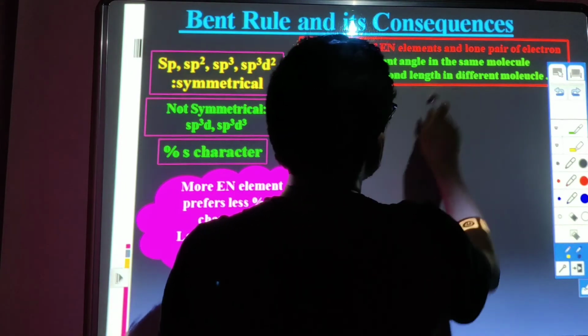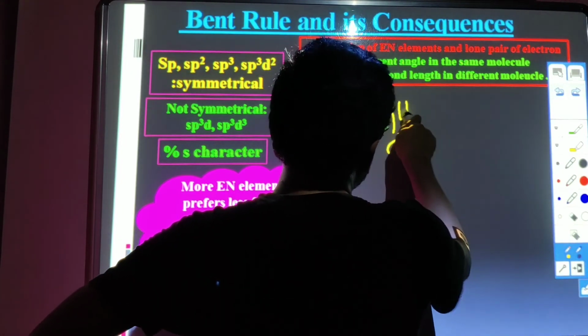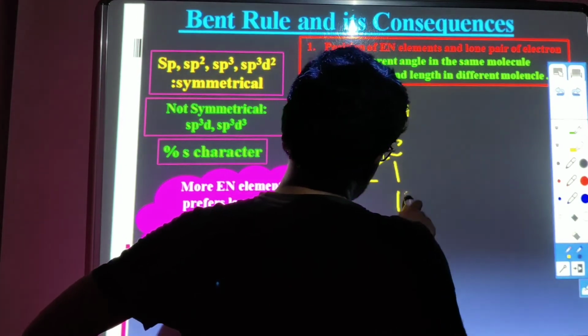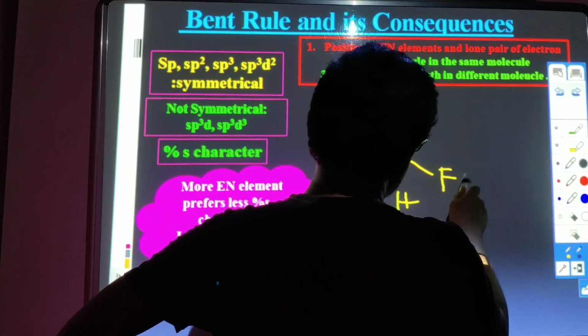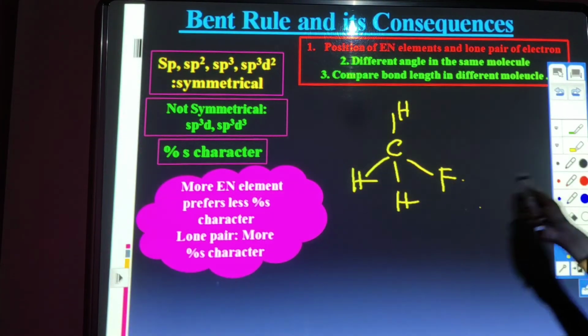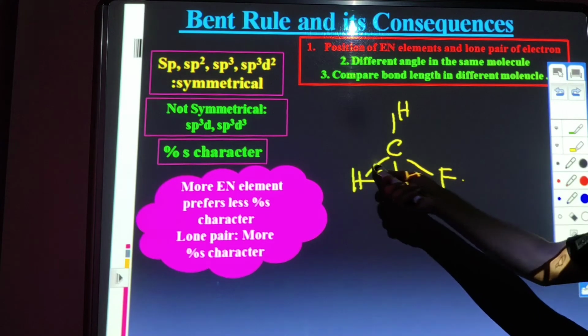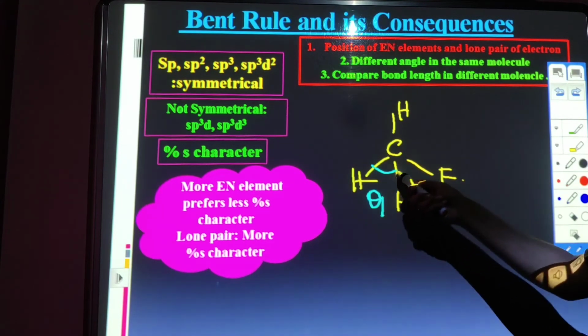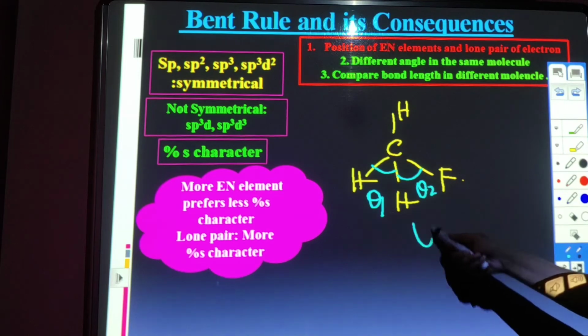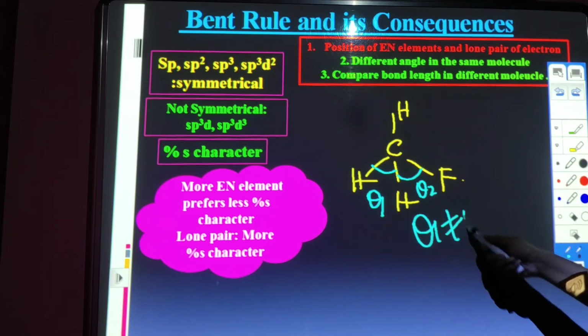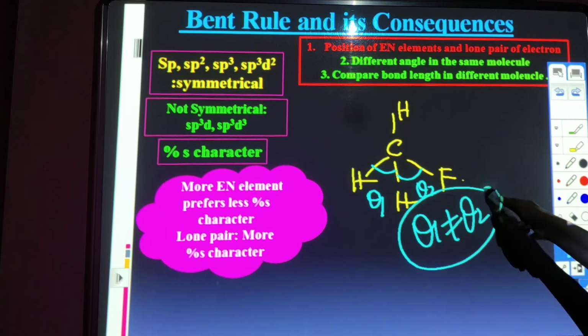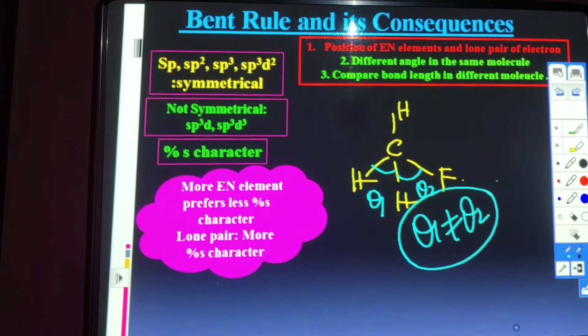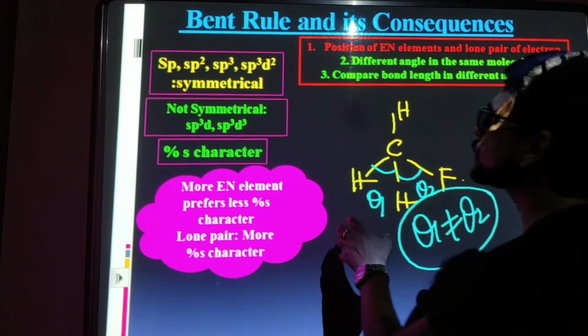A different angle in the same molecule, I am not going to discuss in detail now. Here, this angle and this angle will be different. This is theta 1, say this is theta 2. Theta 1 won't be equal to theta 2. Okay, this one I will discuss very soon.